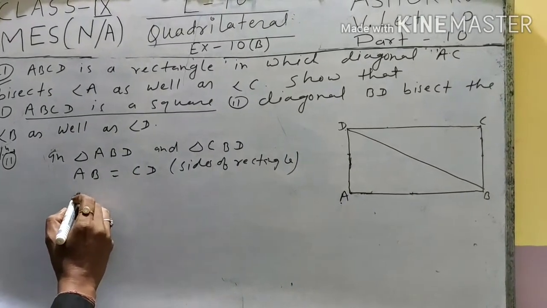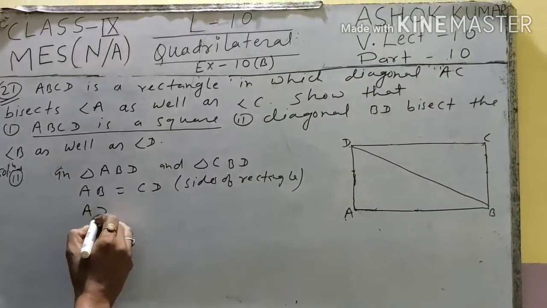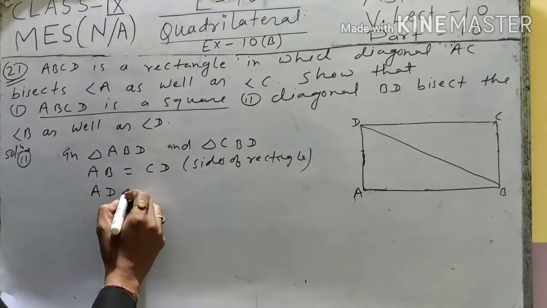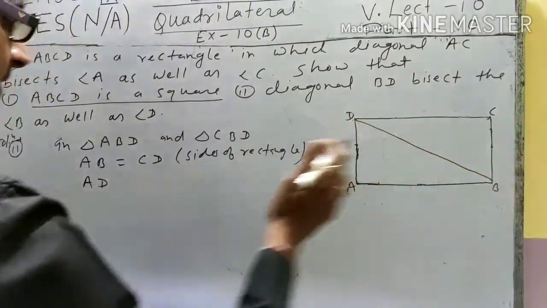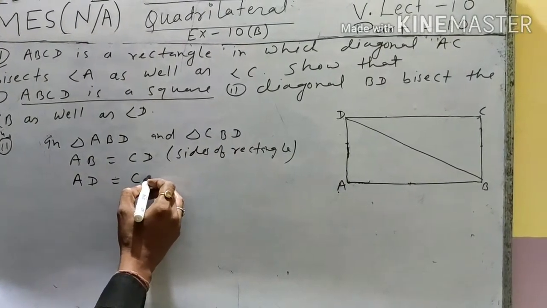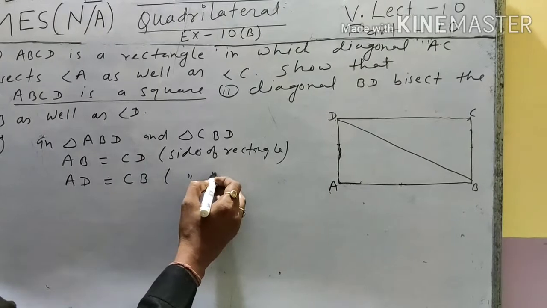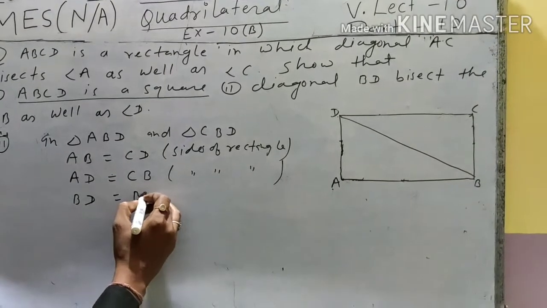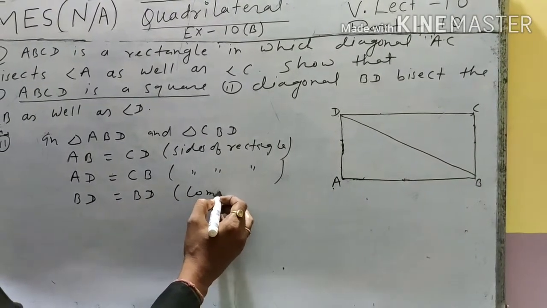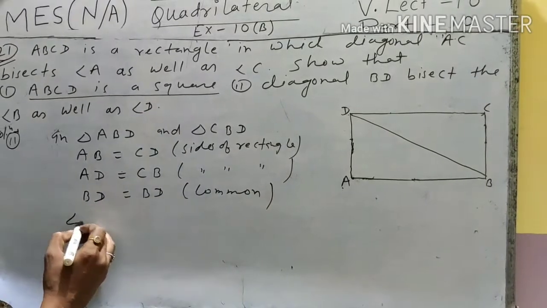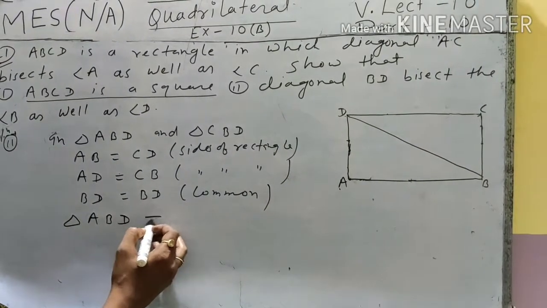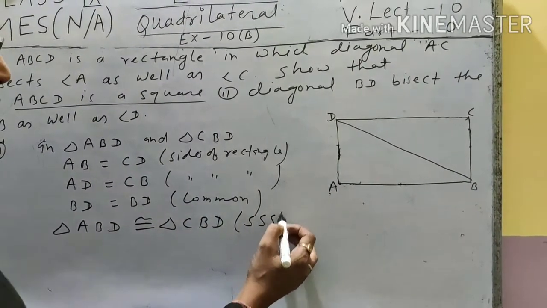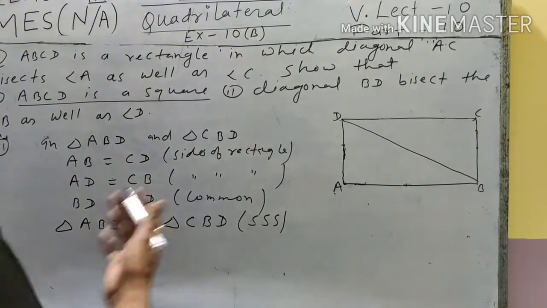AD is equal to CB, again sides of a rectangle, and BD is equal to BD, common. So here triangle ABD is congruent to triangle CBD. The reason is SSS. By SSS criteria, these two triangles are congruent.